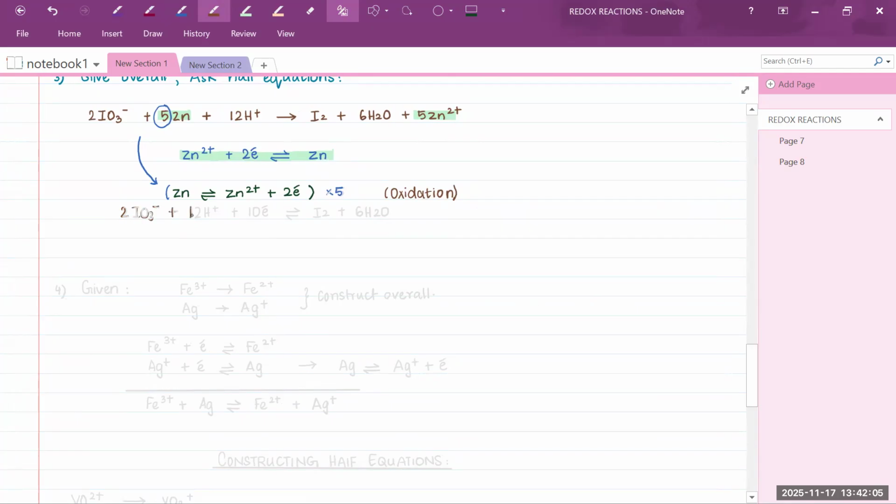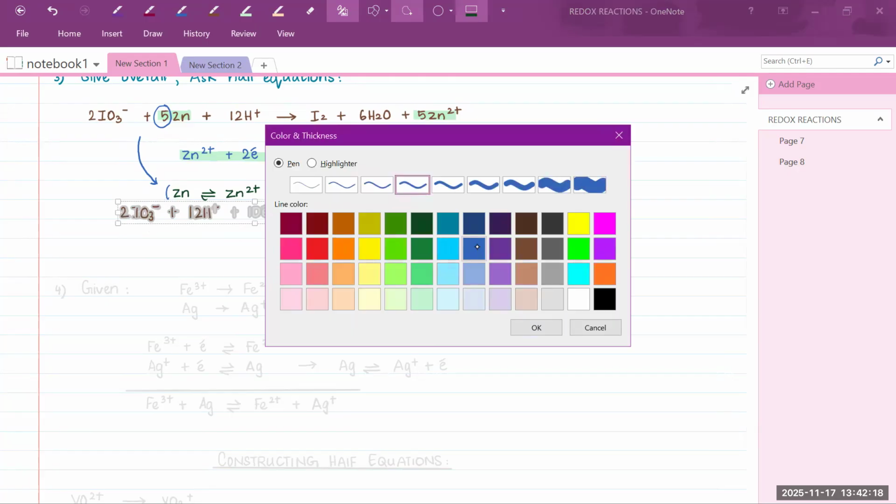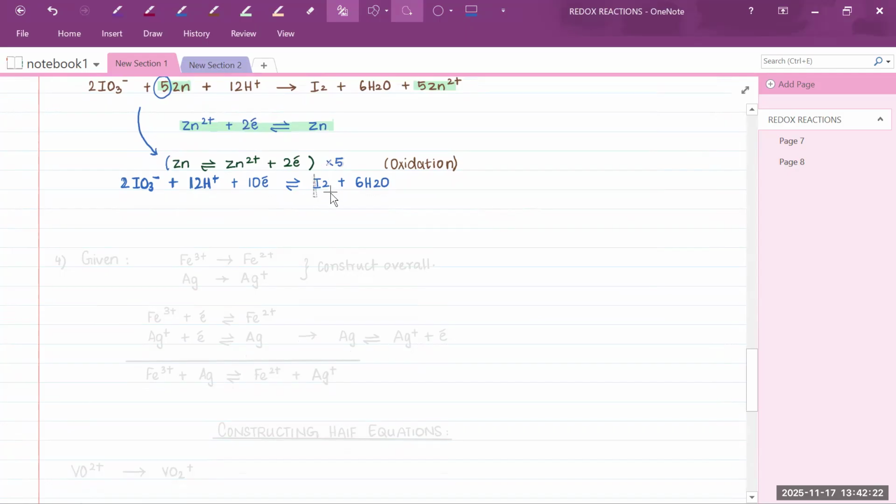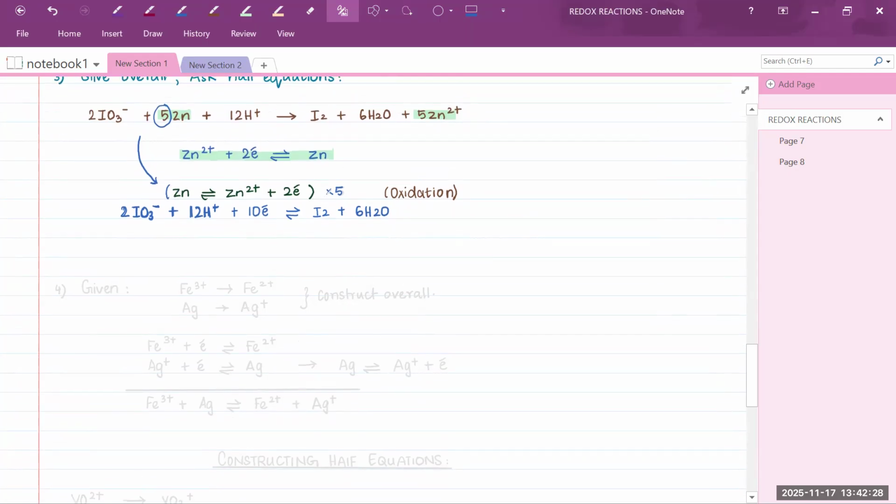We'll have 12H+. We'll have 10 electrons in order to balance out the entire equation, right? We'll have I2 here, and then we have 6H2O. You can cross check this equation with this equation, and you'll see that we have it correct.